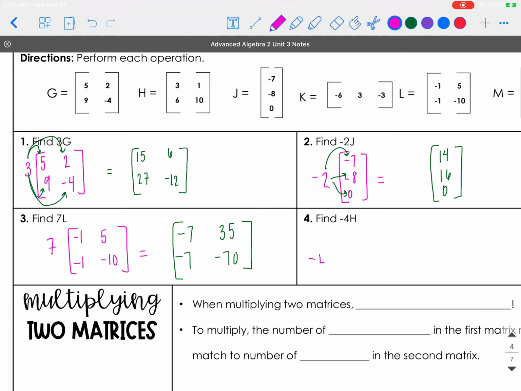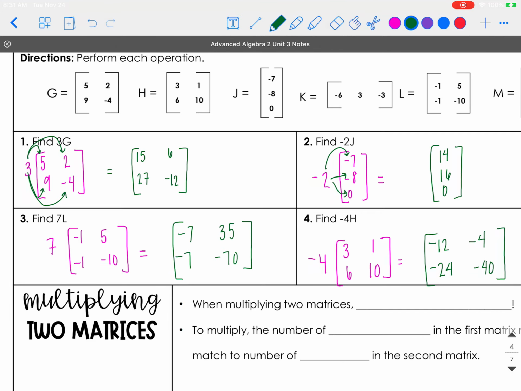And -4H, with 3, 1, 6, 10. So -12, -4, -24, and -40. If you have any questions on those, make sure to ask.